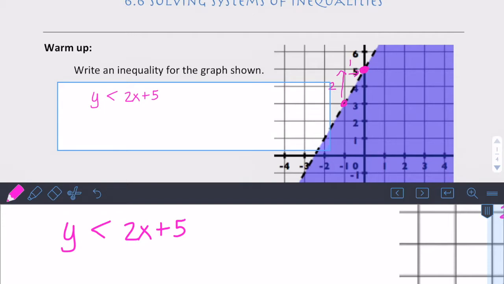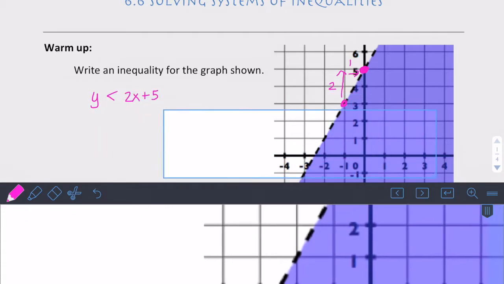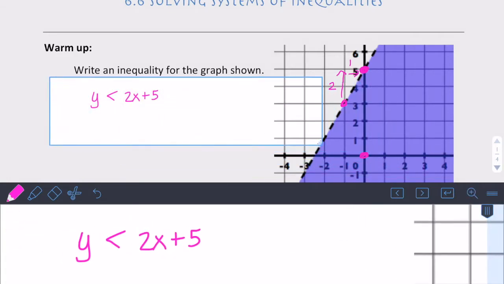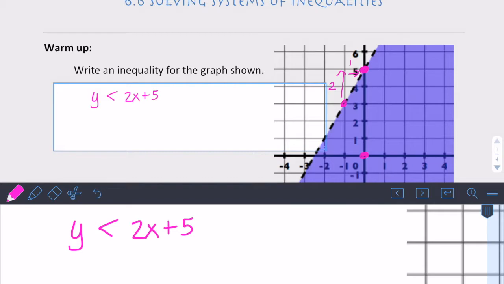If you want to check just to make sure that it matches your shading, you could plug in one of the points in the shaded region, like I like to plug in 0, 0. Since 0, 0 is on the side of the line that's shaded, it should make our inequality true if our inequality is correct. So let's do a quick little check here.